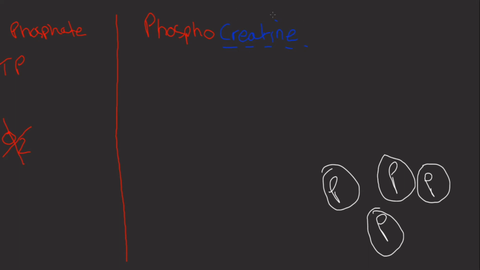Now, this is a component and a compound which is naturally occurring within our body. It's produced within our body, and we have finite stores, so we have a limited capacity of creatine.